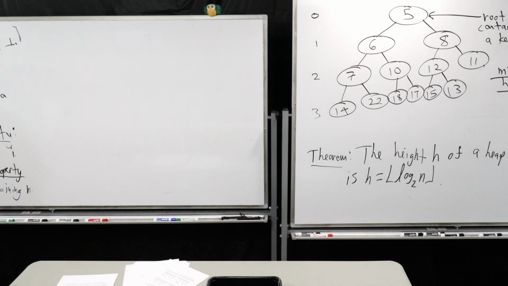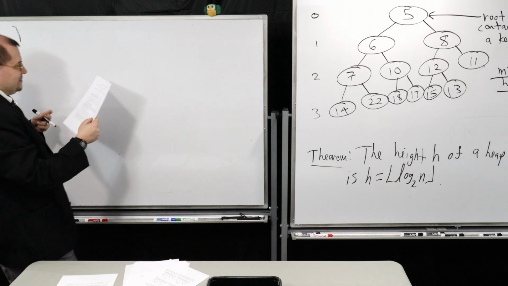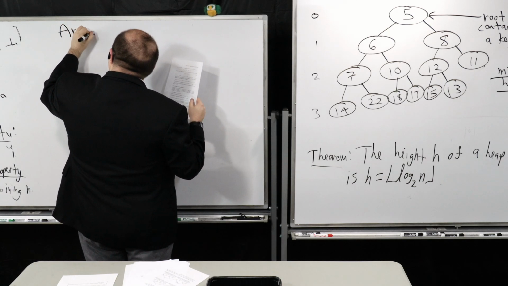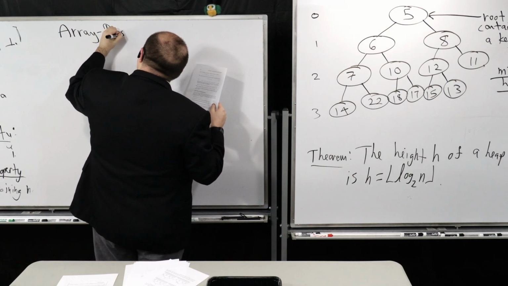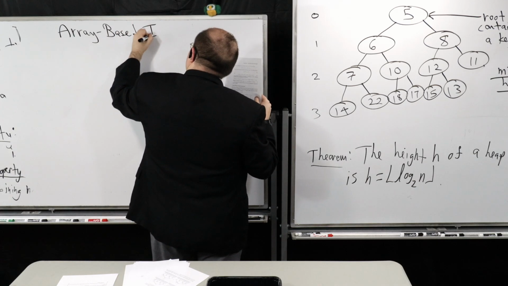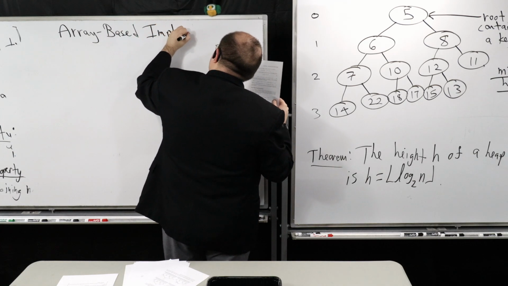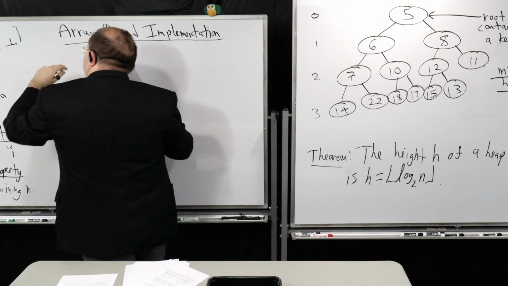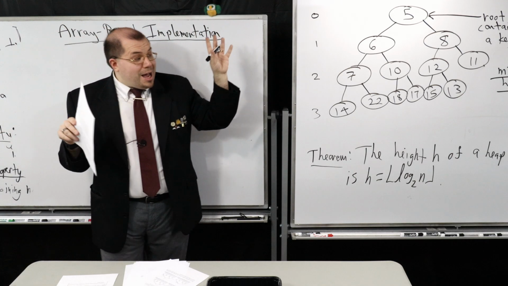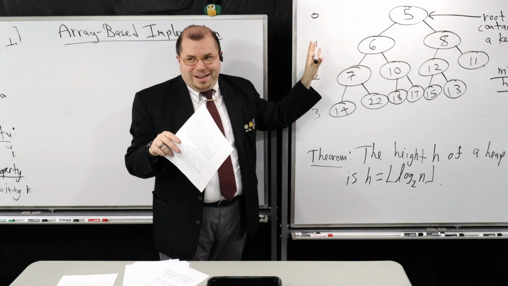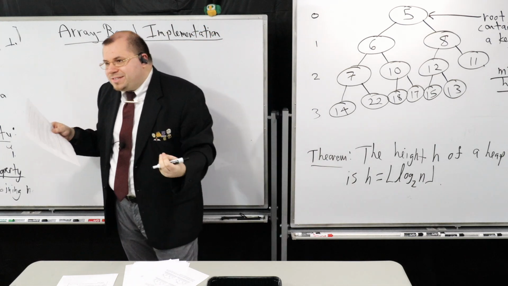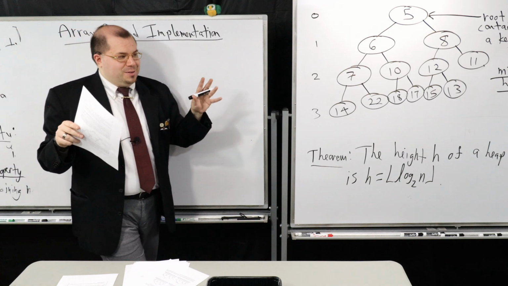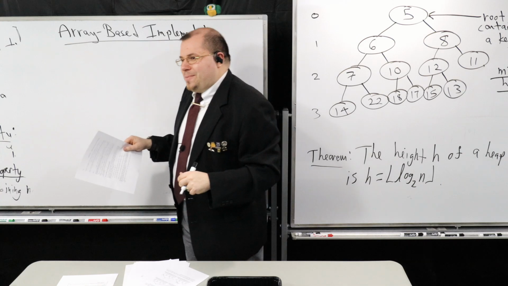I want to use this picture to help us. We're going to talk about an array-based implementation. I must stress that if you wanted to, you could actually implement this tree in the most literal sense, with the same setup you would have for a binary search tree, just with different algorithms.